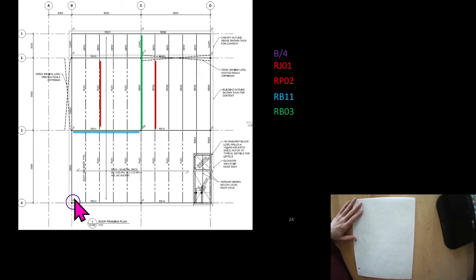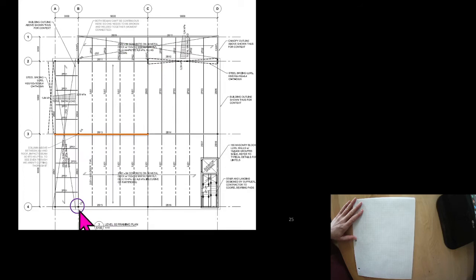Our column B4 is picking up the roof, so one quarter of this, but then look, down here it's picking up one quarter of this bay, but also one quarter of this low roof. So this is level 2, but this was a low roof on our building, if you remember.